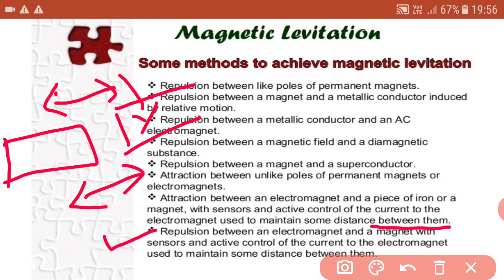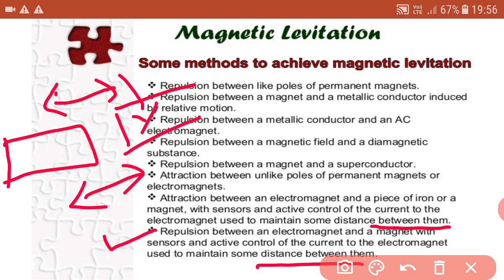Next one is repulsion between an electromagnet and a magnet, with sensors and active control of the current to the electromagnet used to maintain some distance between them. There is a repulsive force between the electromagnet and a magnet with sensors and active control of the current.